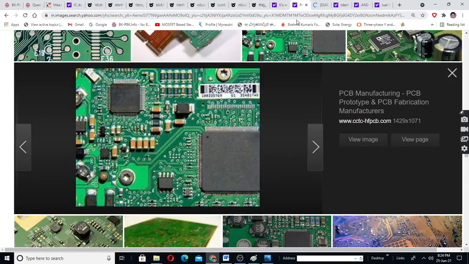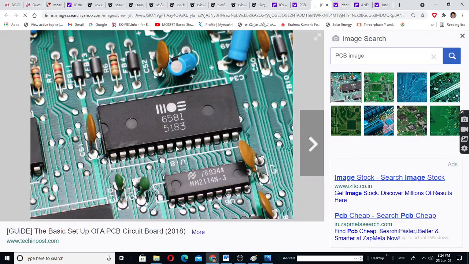See here, this is a PCB on which ICs are soldered.